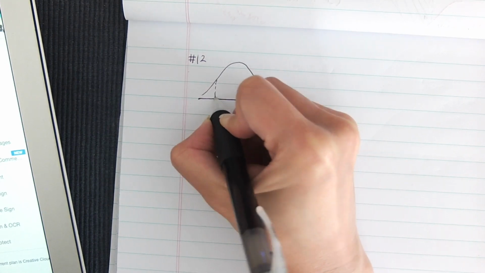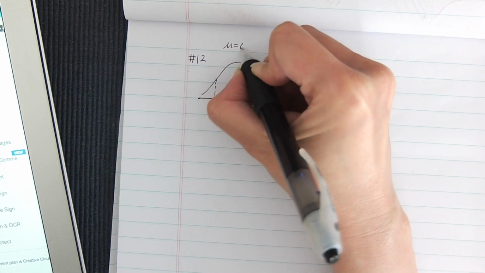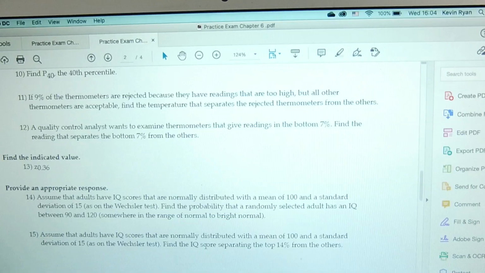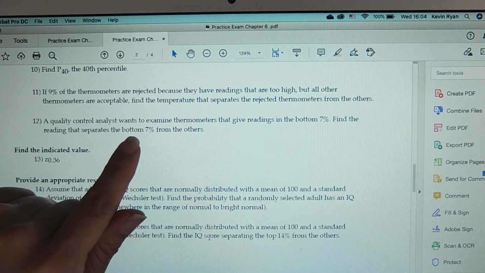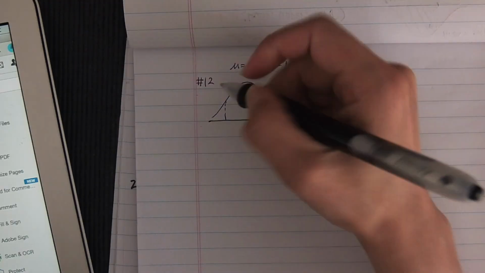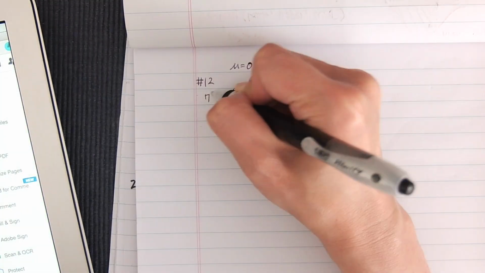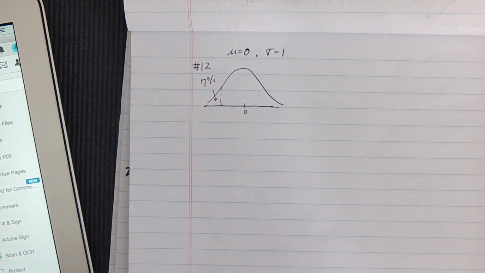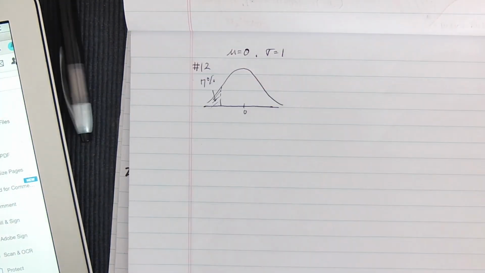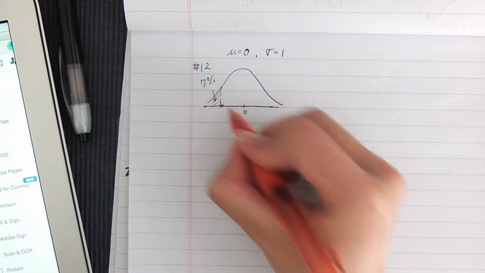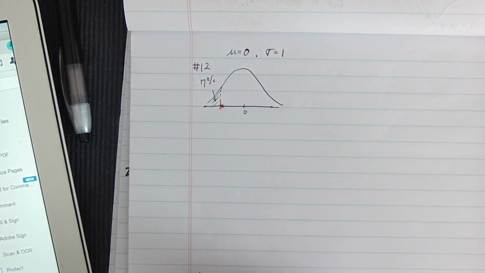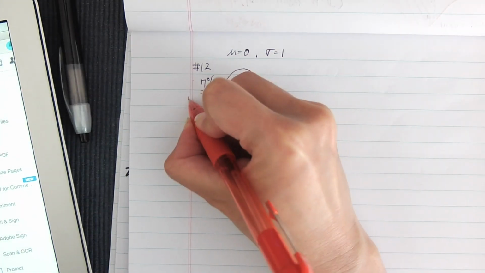The mean is 0, standard deviation is 1. Can you see the reading, right? I have the bottom 7%, so there is 7% here on the bottom. Then what's this point? How do you find that point? That's this question. This is 0.07, right?